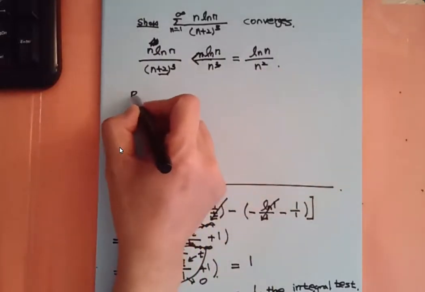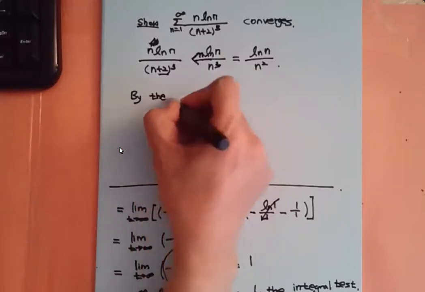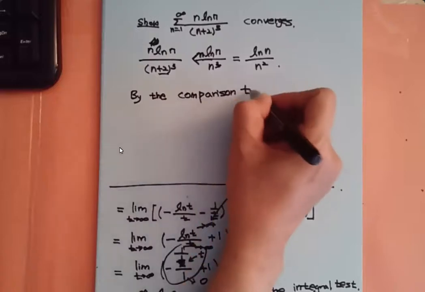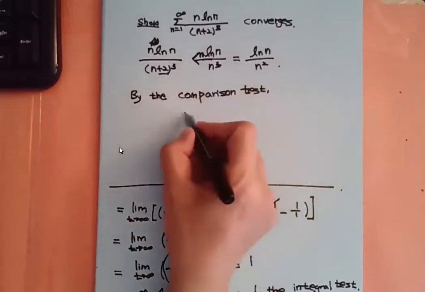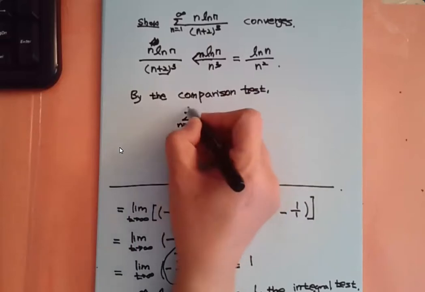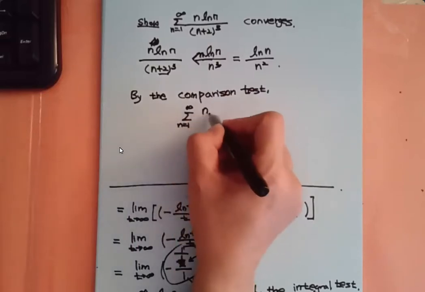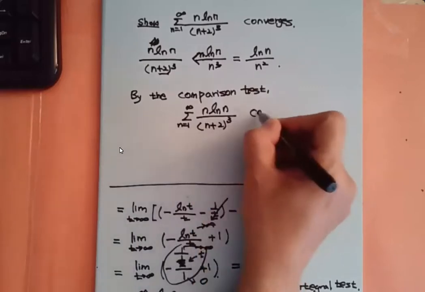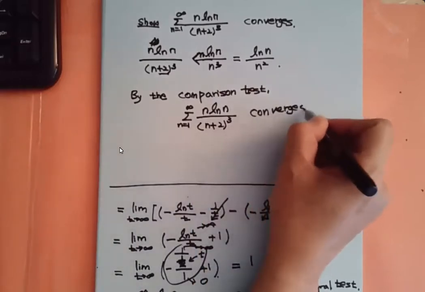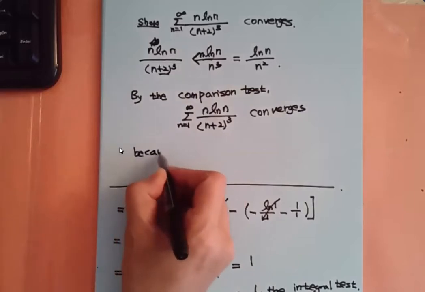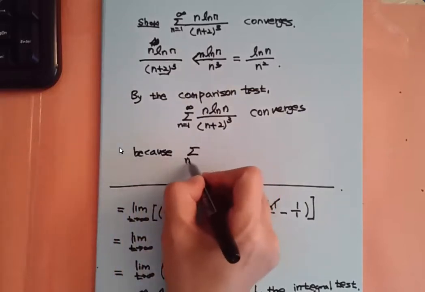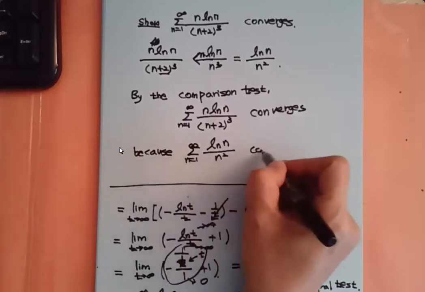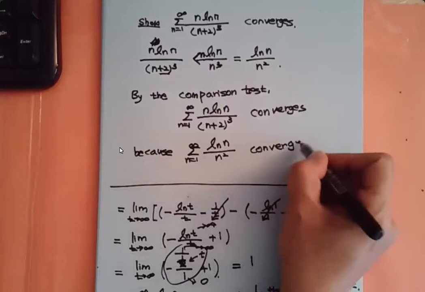So in this case, by the comparison test, the given series converges, because the summation n equals 1 to infinity, natural log of n over n squared, which is larger, converges.